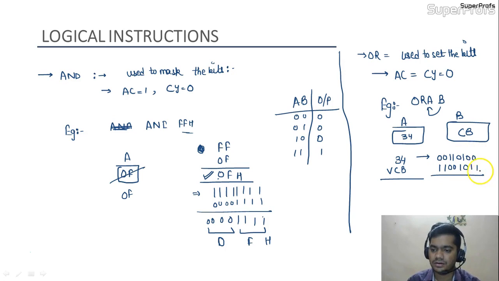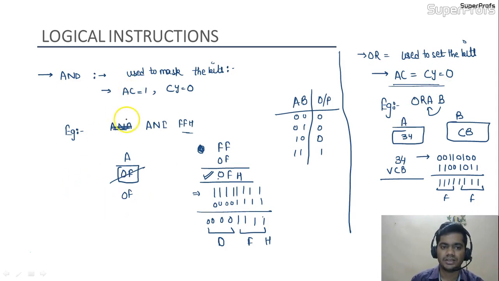So the OR operation would give us FF as a result. While noting the status of the flags, just keep in mind that auxiliary carry and carry would be 0 and the rest of the flags would be affected. So this is the AND and OR operation.